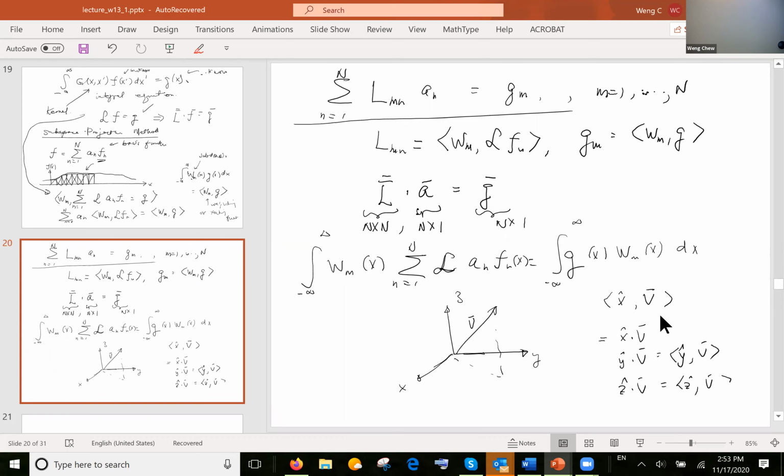If you project them onto vectors that are dependent on each other, you're not finding new information about this equation. Okay, your Wms had better be independent of each other. Okay. Yes, this makes sense.